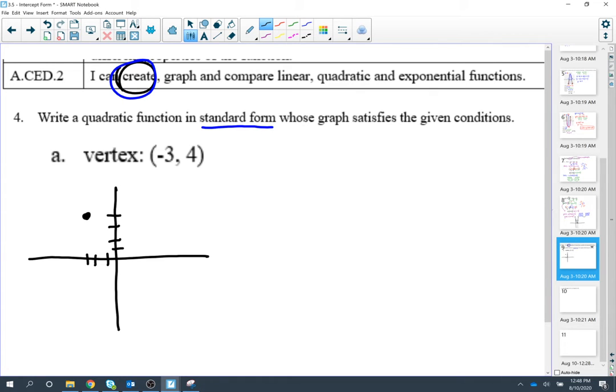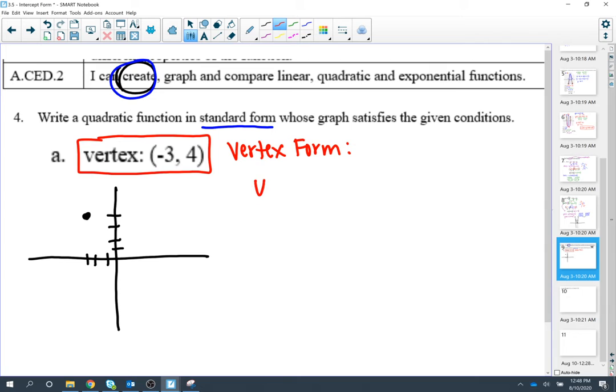So I know it says that we have to write it in standard form, but I wasn't given standard form. I wasn't given anything. I was just given a vertex. So before I can actually get to standard form, I'm going to start with vertex form. So let's go into the vault, find some old notes, vertex form. Y equals a(x minus h) squared plus k.